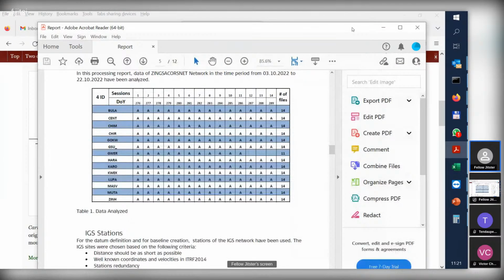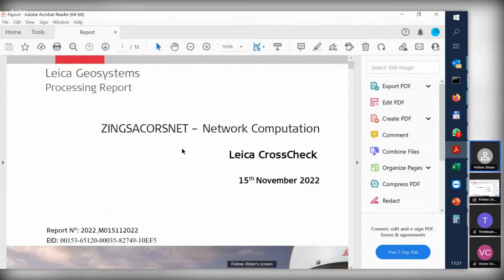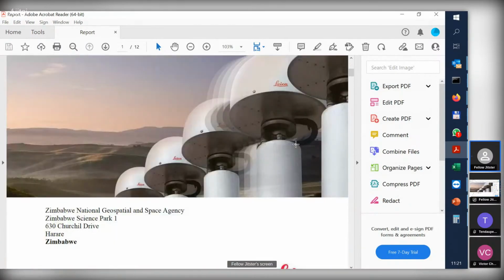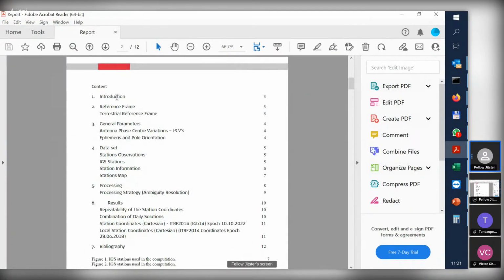So once again, we made a computation of what we call the Zinxa core net. So your network, and basically this is when the report was published. This is some kind of introduction.